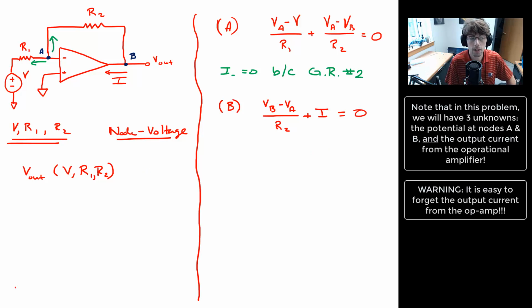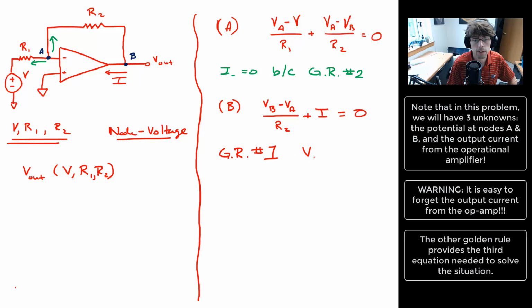And last but not least, la pièce de résistance, is golden rule number 1. VA must be equal to 0. Good.